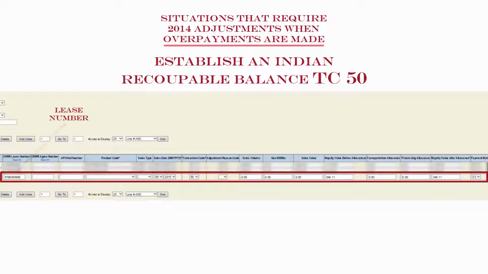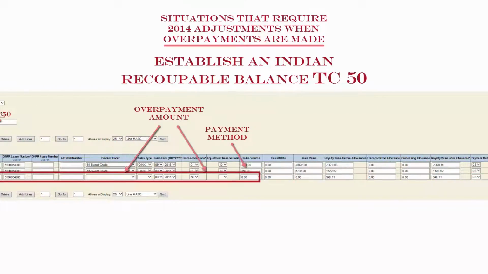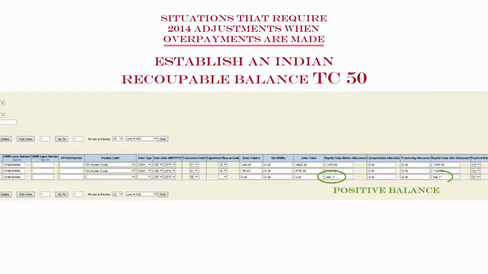Enter the lease number, original sales month and year, TC50, and the amount of the overpayment in both the royalty value before allowance and royalty value after allowance fields, and the appropriate payment method. The royalty value for TC50 is a positive amount and is the difference between the reversal and the rebook lines.